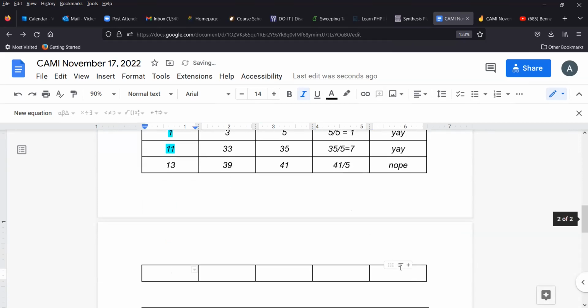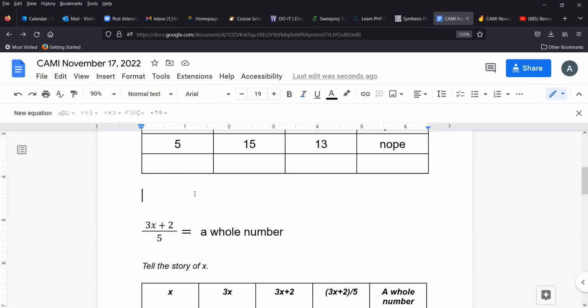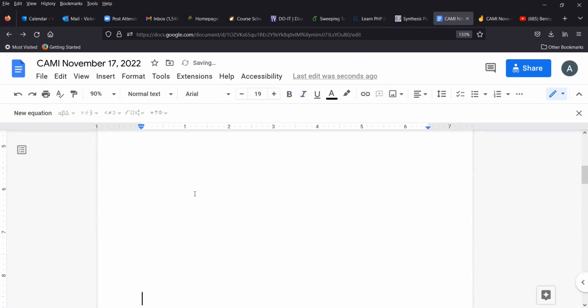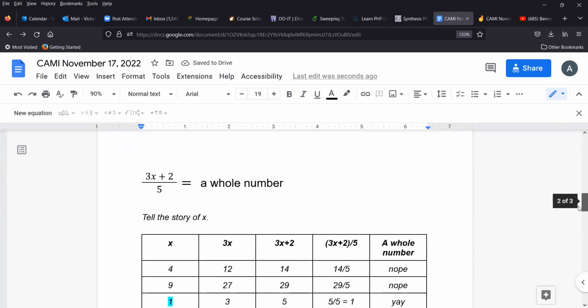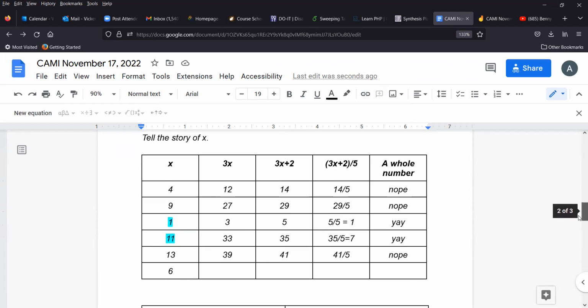Comb is saying 6. Is that right in the chat? Yes, 6. Okay, so we can try 6. Let me insert some spaces here. I just want to do better with what you can see on the screen. I think we're good here.